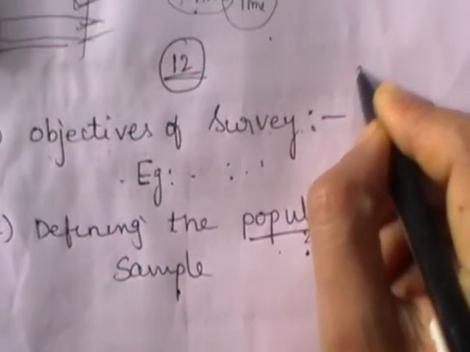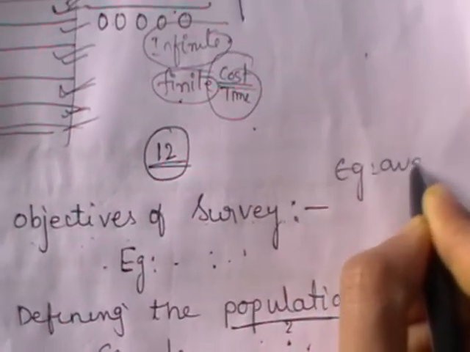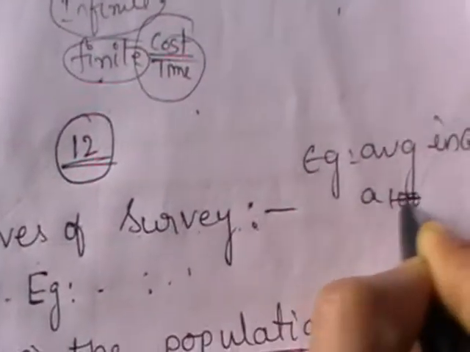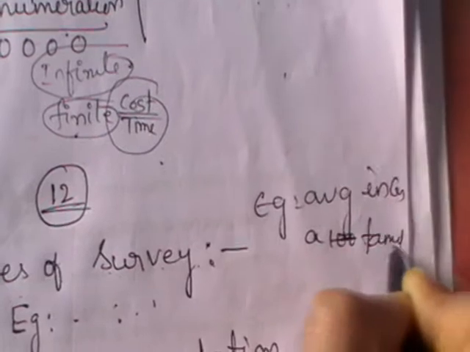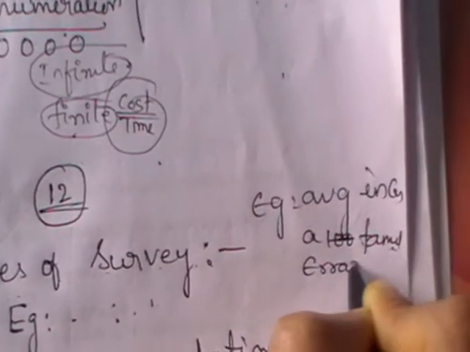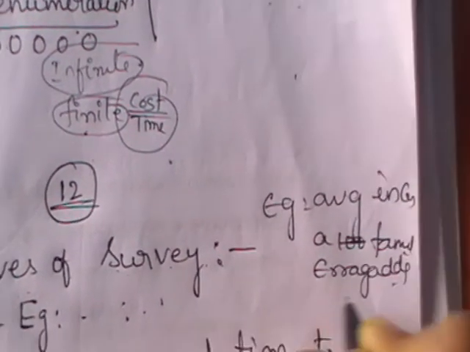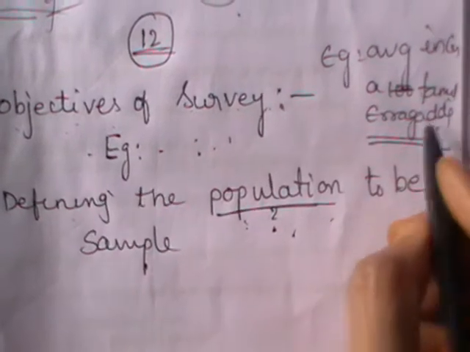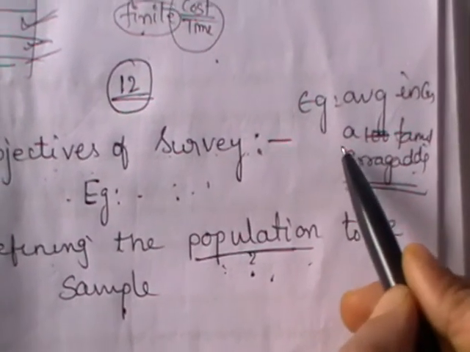If the example is to find out the average income of 1,000 families living in some Eragada area, this is the objective of your survey. Now you should specify the population from which you are going to draw the sample. So what will be the population here?